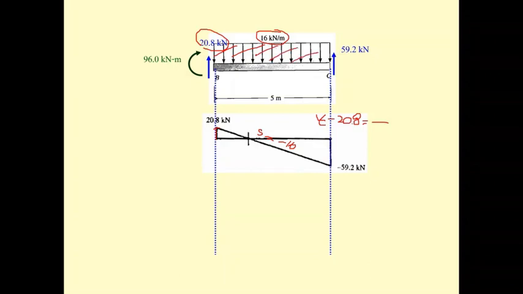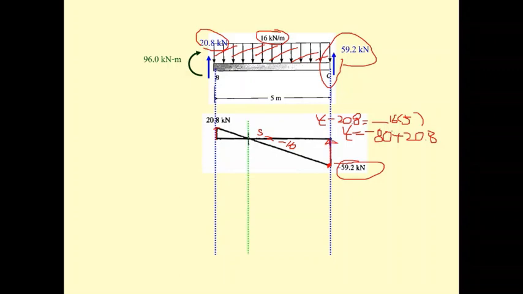This is going to be 16 times 5, which we know to be 80, so your V sub C is going to be minus 80, and then you plus 20.8, and then you get minus 59.2 here. And since this is 59.2, you have the upward, so this one is going to cross your shear diagram here.